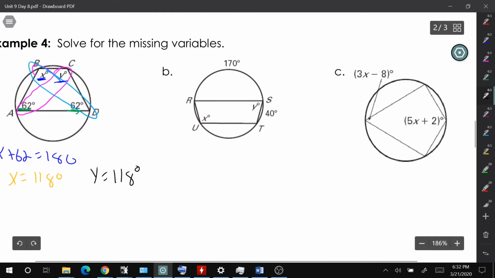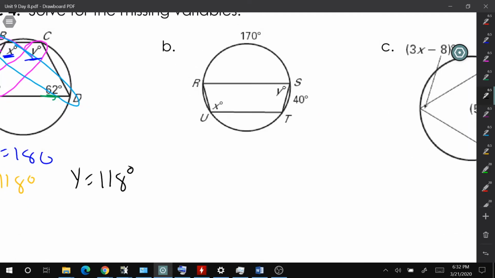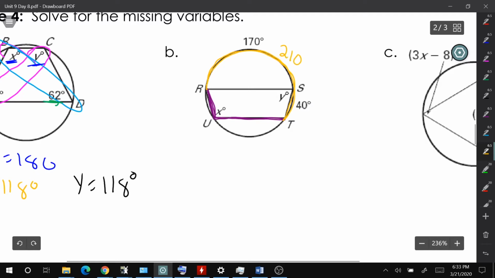Alright, in example B, what we first need to do is see what we're given. We have angle x right here, and you can see that the arc that goes with angle x is this whole arc right here. So we have 170 plus 40, which gives us 210.